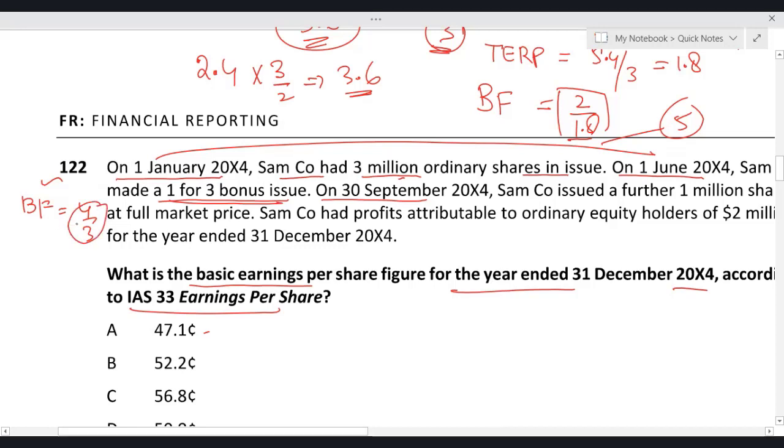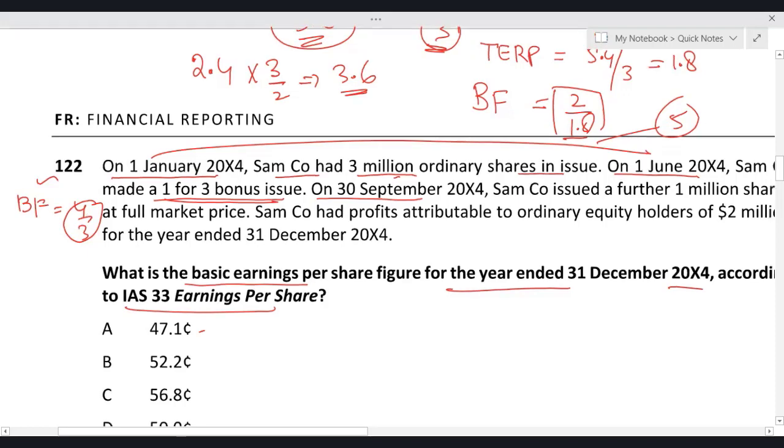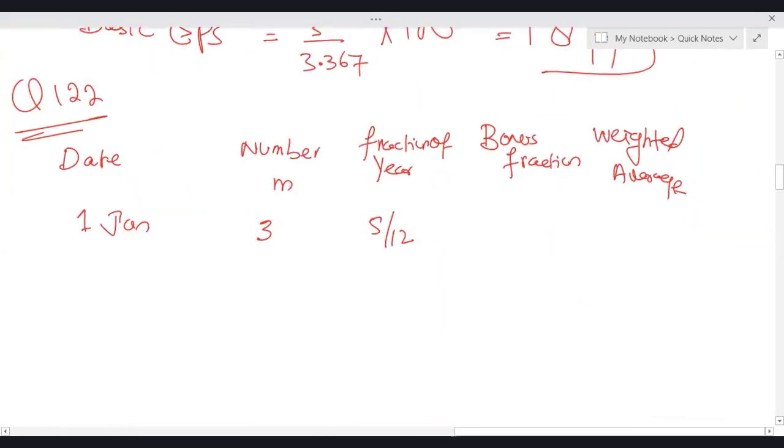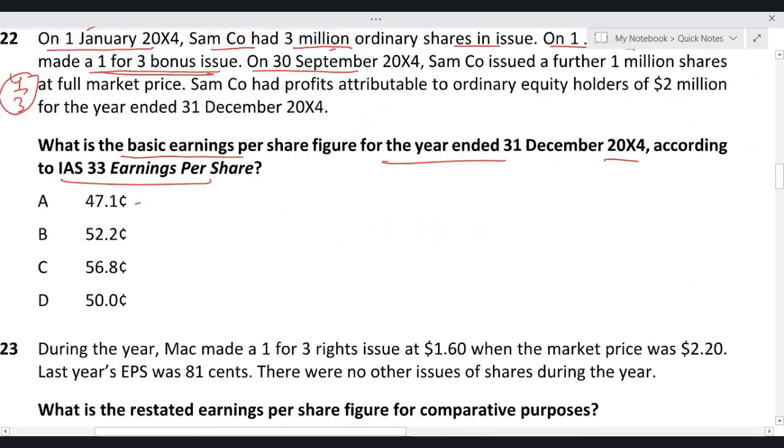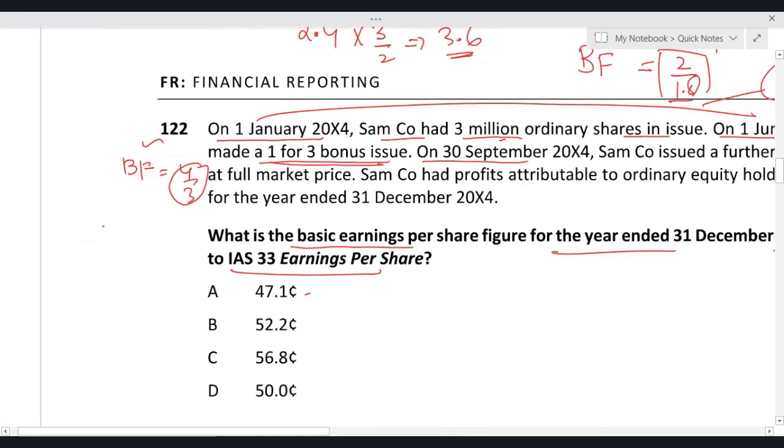And this bonus fraction is only multiplied on those shares that are there in the question before bonus. And we have 3 million shares before bonus. So the fraction is 4 by 3. Now listen. Before bonus, you have 3 million shares. Then what happened? Company has made a 1 for 3 bonus. So can I say that after bonus, logically, you will have 4 million shares?